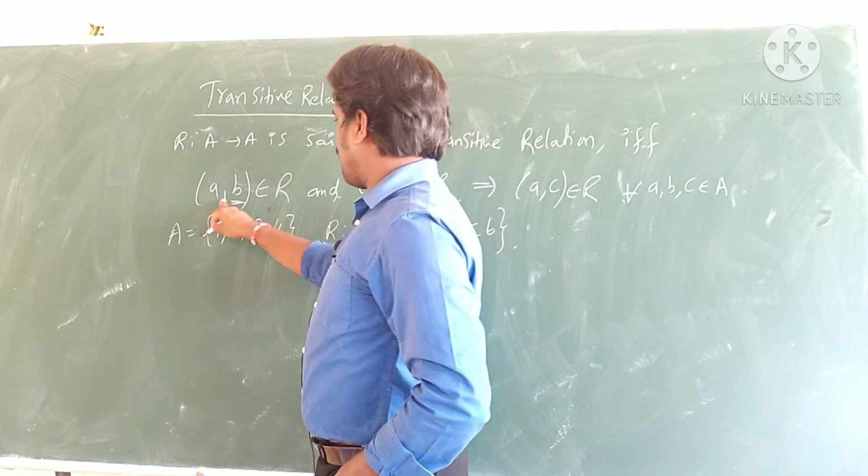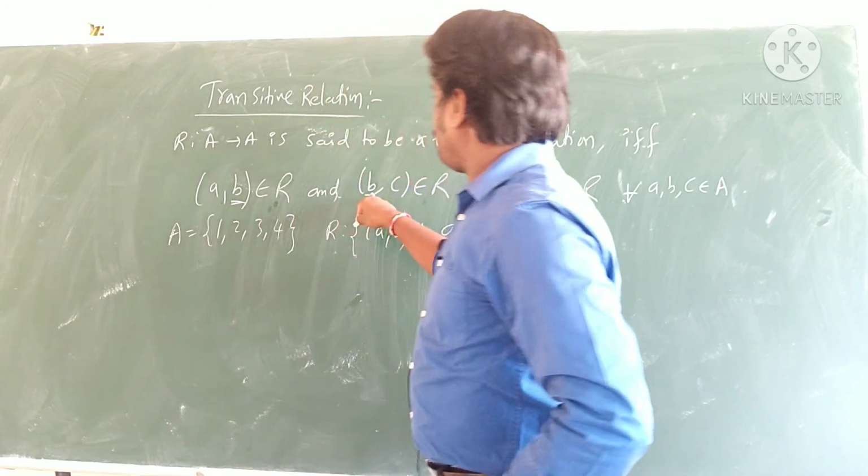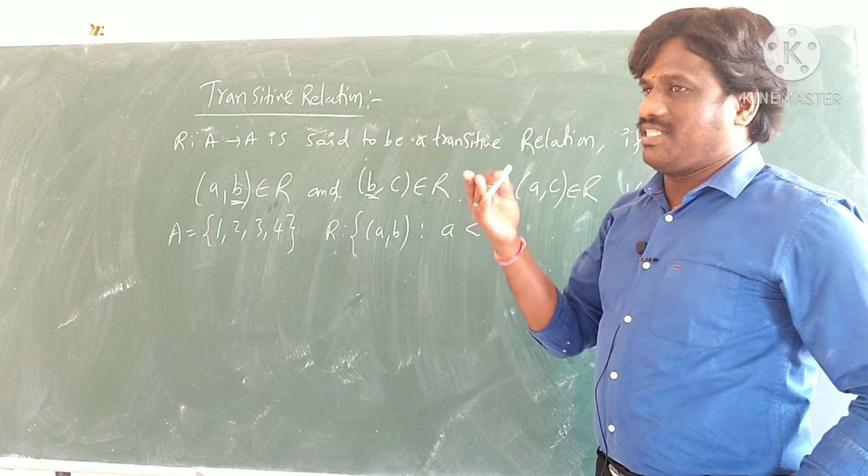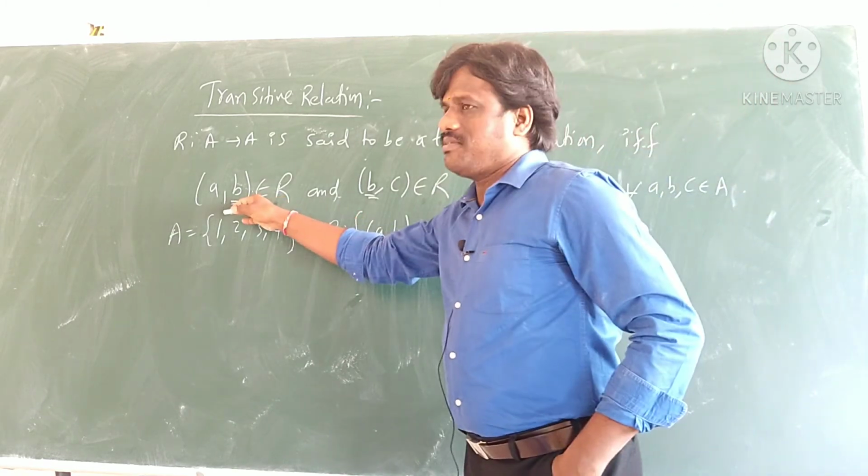See here, (A, B) is a relation, (B, C) is a relation. Who was in the middle? Aarti, so Aarti is B, right?